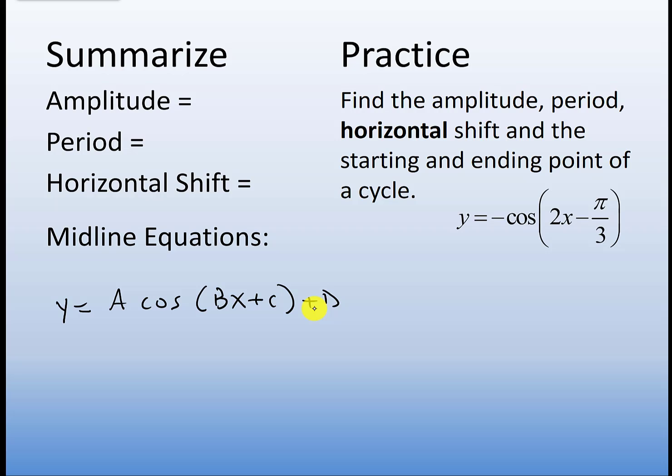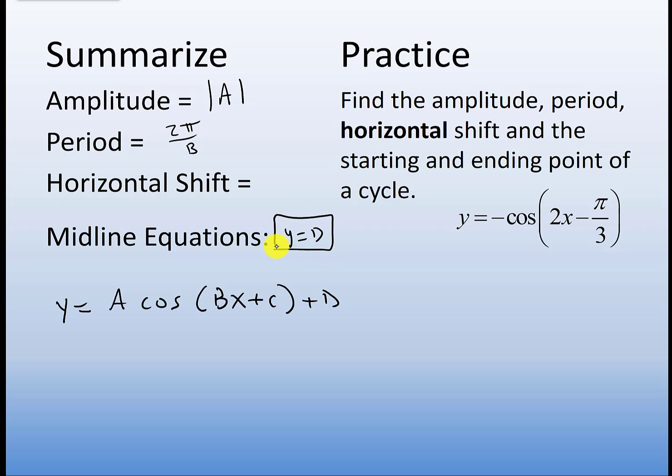Okay, so of course a is the amplitude. However, whatever, I said that wrong. A is not the amplitude. Amplitude is always positive and a is sometimes negative. So amplitude is always the absolute value of a. The period is going to follow this formula, 2 pi divided by b. The midline equation is always going to be y equals d.